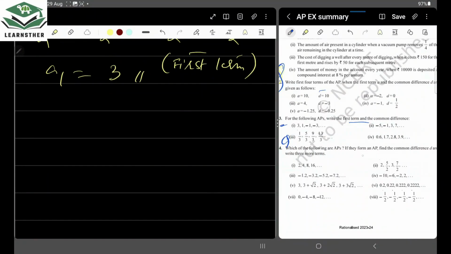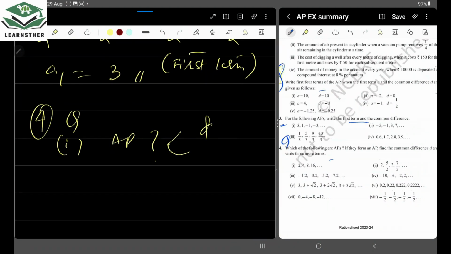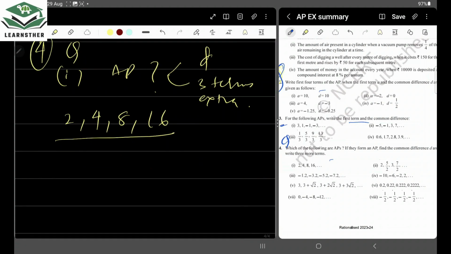Okay. See this question. Which of the following are in APs? If they form an AP, find the common difference D and write 3 more terms. Here it is asking whether it is in AP. Okay. If it is in AP, we have to find out its common difference and 3 more terms. So first see whether common difference is same or not.